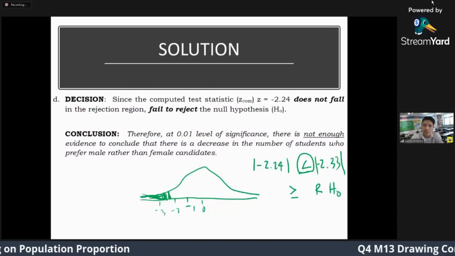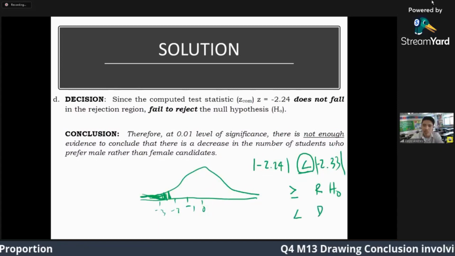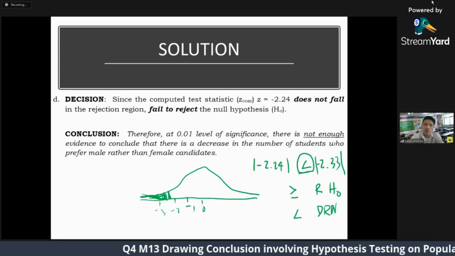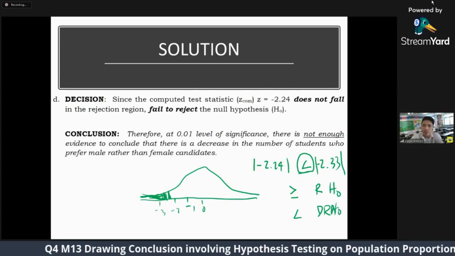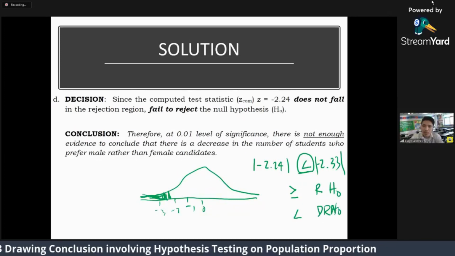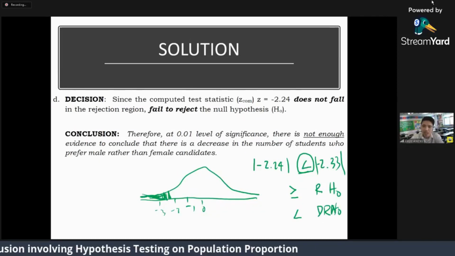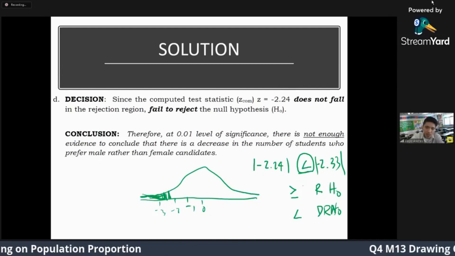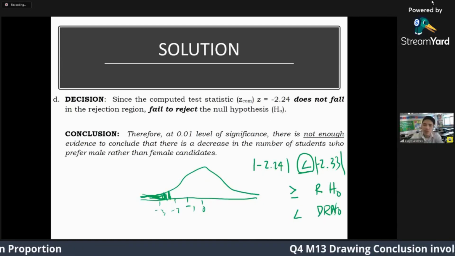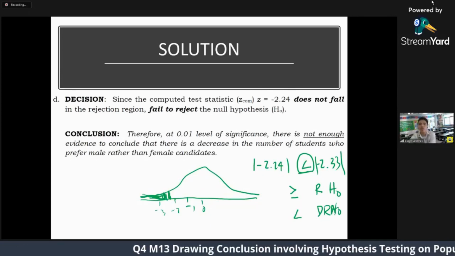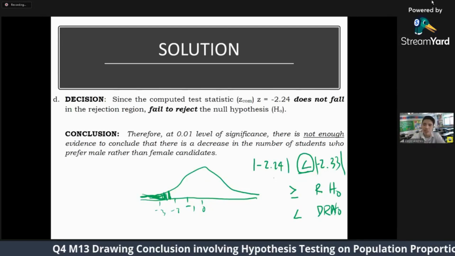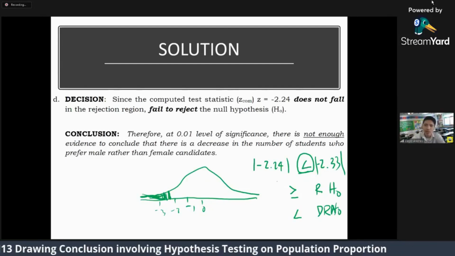If less than, do not reject the null hypothesis. So based on that, you decide do not reject, because either it did not fall in the rejection region, or the absolute value of your computed z is less than the absolute value of the critical value.